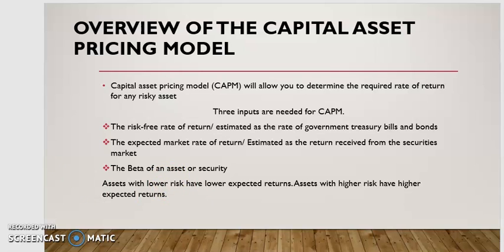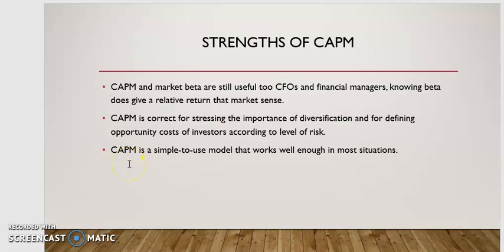So, what are the strengths of the CAPM? First, the CAPM is very useful to CFOs or Chief Financial Officers or finance managers, and they use it to calculate the beta and also determine the risk of an asset relative to the market.